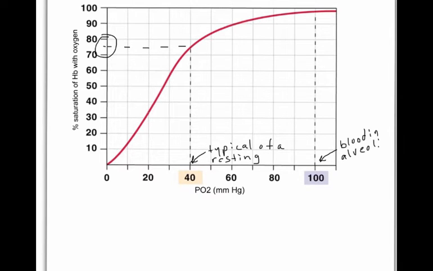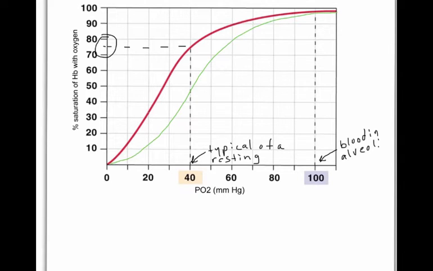Okay, so we said that the affinity of hemoglobin for oxygen needs to change as the blood moves through different parts of your circulatory system. So it needs a high affinity in your pulmonary capillaries, but as it's moving through tissues that have increased oxygen demand, the affinity has to go down. So we can draw a curve on here representing hemoglobin with lower affinity, and we call this a right-shifted curve, the lower affinity curve.